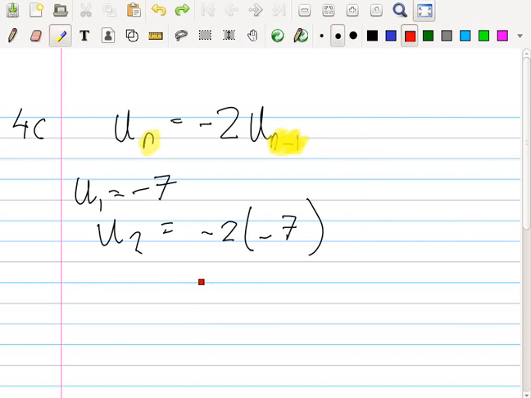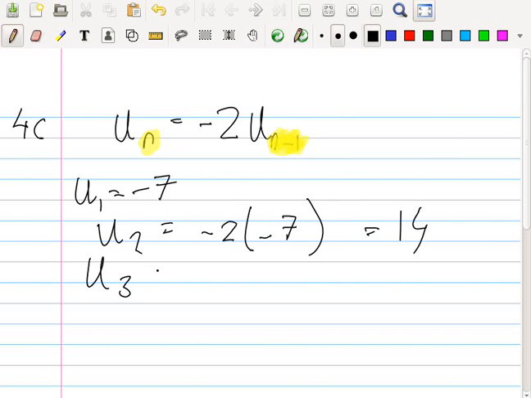So you might say, well, what does n minus 1 mean? All it means is the previous term. So it's like you're saying the term you want is equal to minus 2 multiply the previous term. So the term you want equals minus 2 multiply minus 7, which is 14.